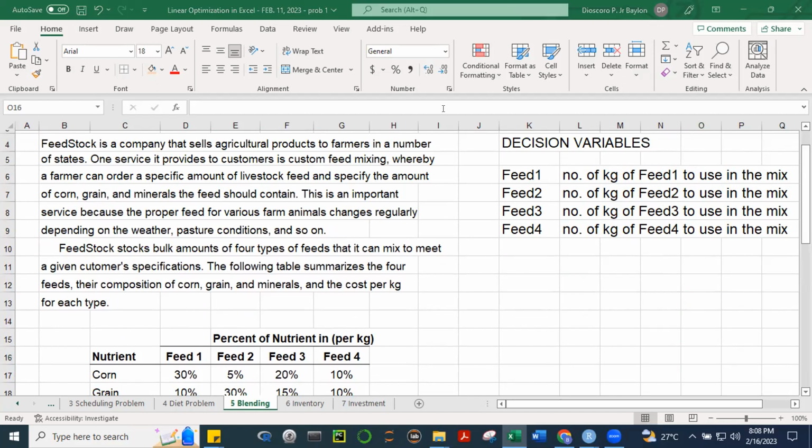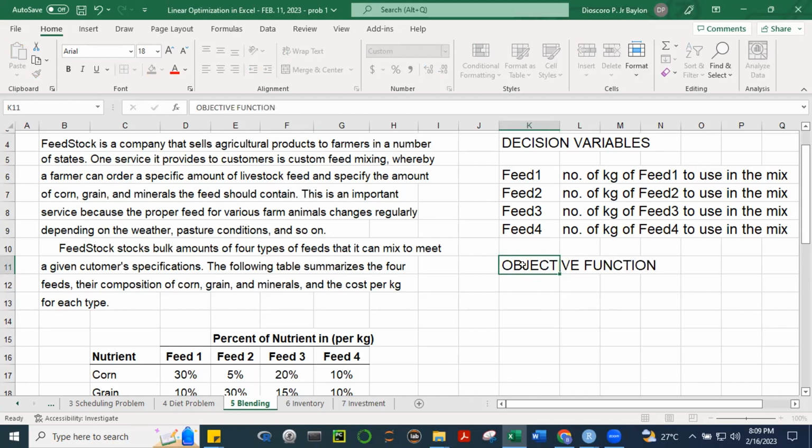Okay, what will be our objective function then? Is this a minimization problem or maximization problem?